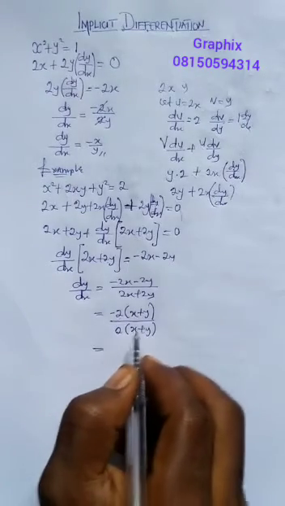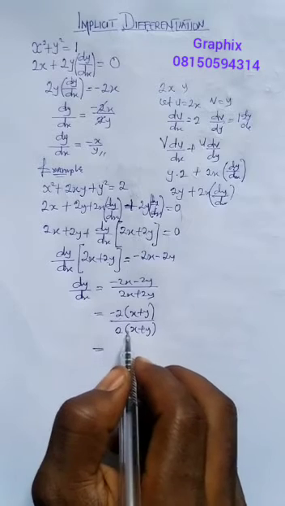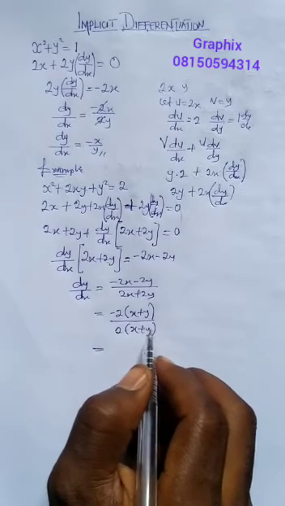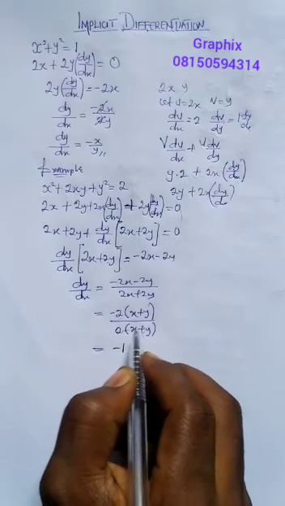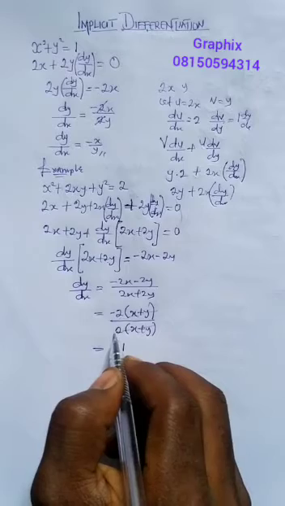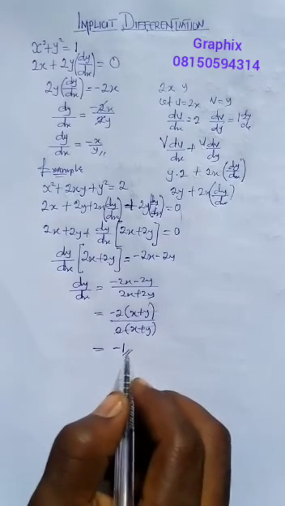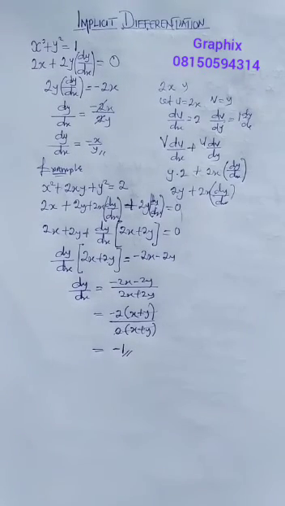So x plus y will equate x plus y, and 2 will equate 2, so I'm left with minus 1. So my answer there is minus 1. Are we good?